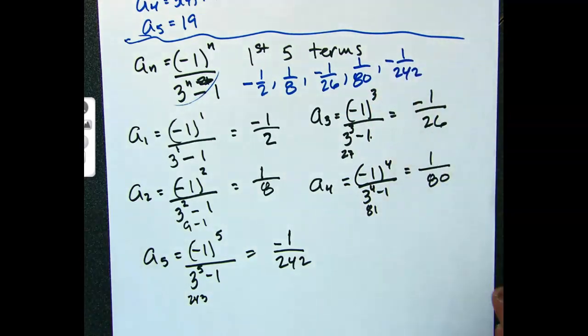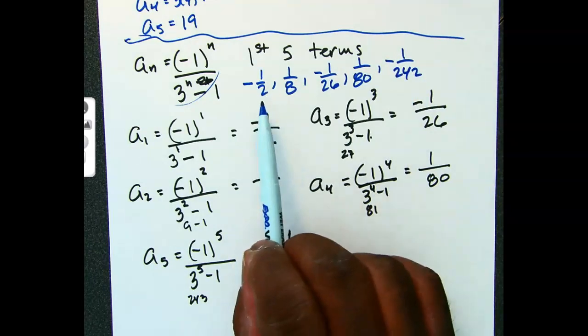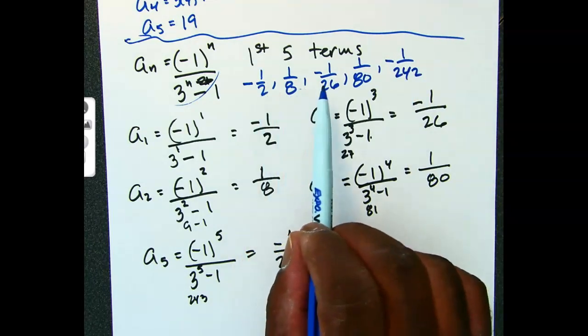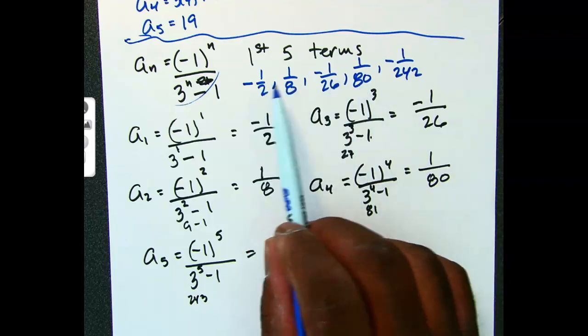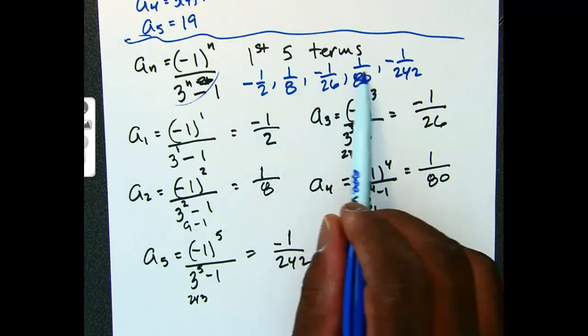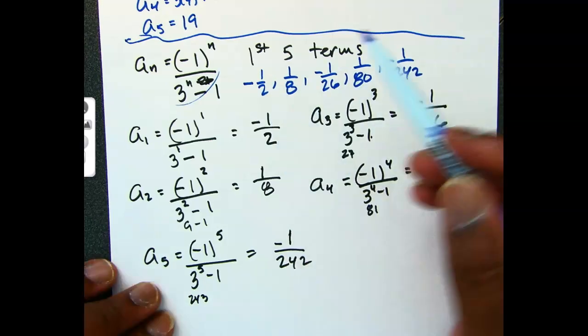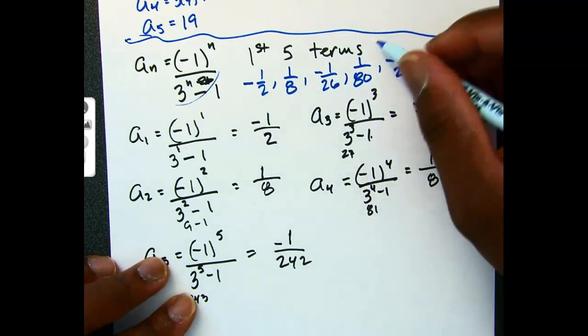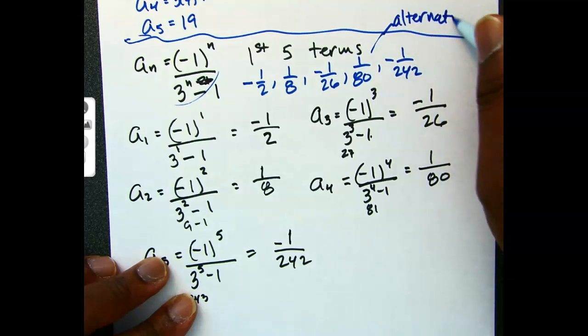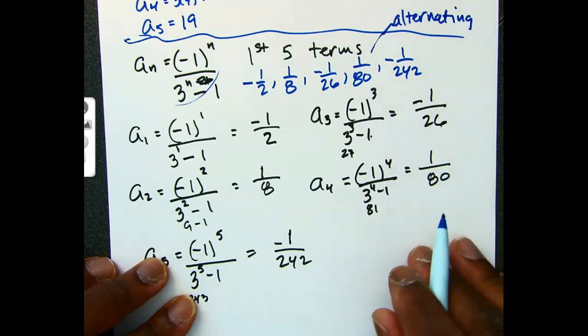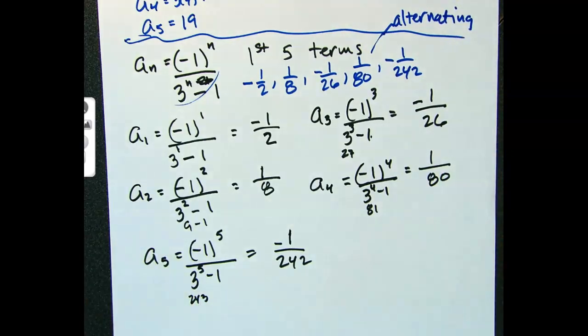Now, one thing that you should notice here is that the signs of your terms are alternating. You have negative, then positive, then negative, then positive, then negative. So these do give us alternating signs. I want you to remember that vocabulary word because that's going to be really important, especially in calculus, but later on as well.